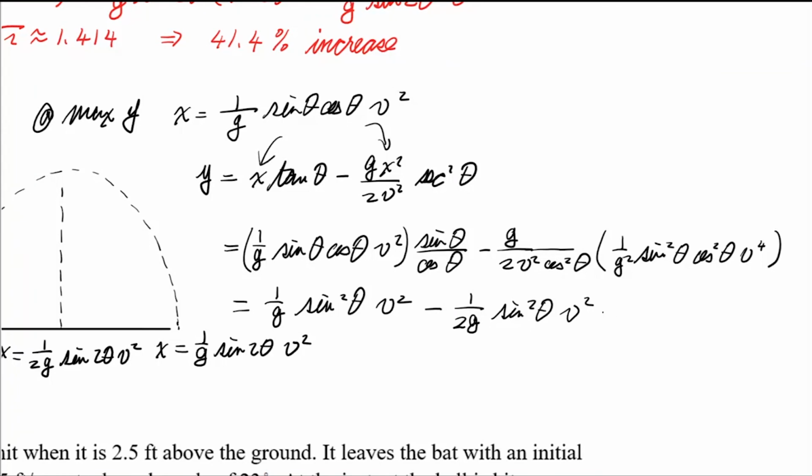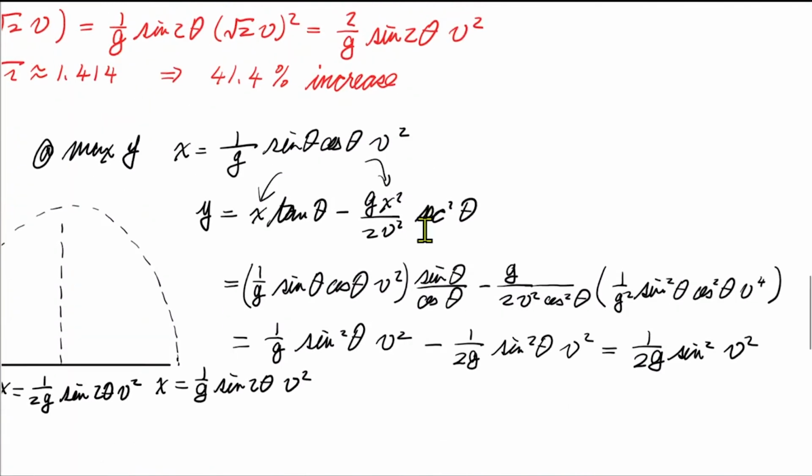So what we have here is 1 minus half. You get it? Look, this is still only quadratic in terms of v, just like that one, isn't it? So in order to double this, we still need to just increase v by square root 2 times. You know what I'm saying?